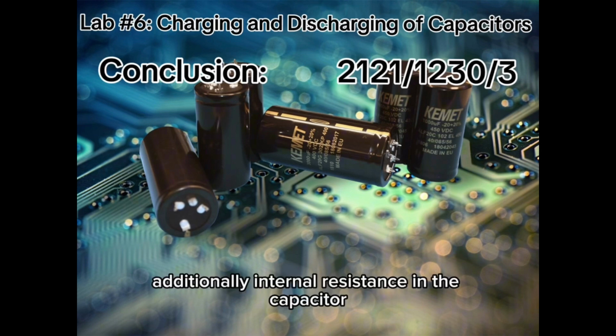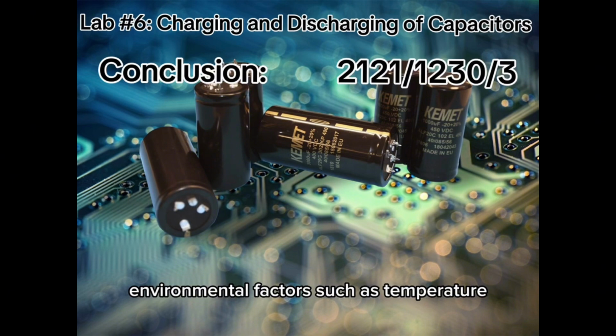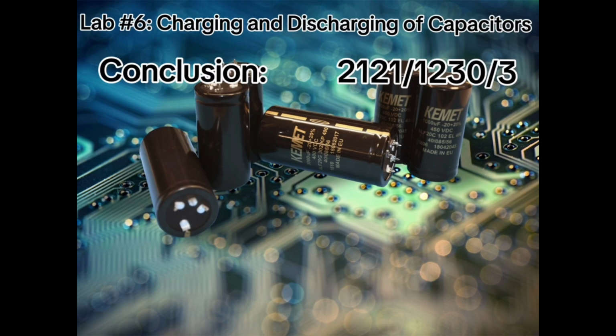Additionally, internal resistance in the capacitor, stray capacitance in connecting wires, and small connection imperfections could have altered the voltage behavior during each trial. Environmental factors such as temperature, humidity, and electrical noise in this lab might have also influenced our readings.